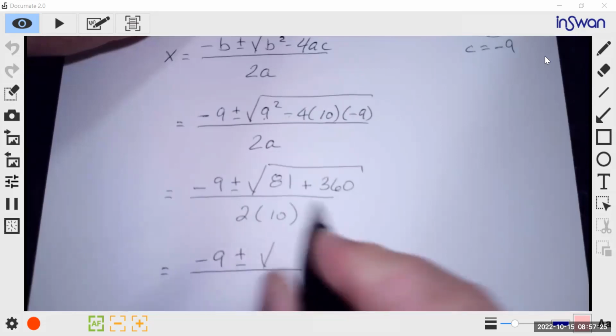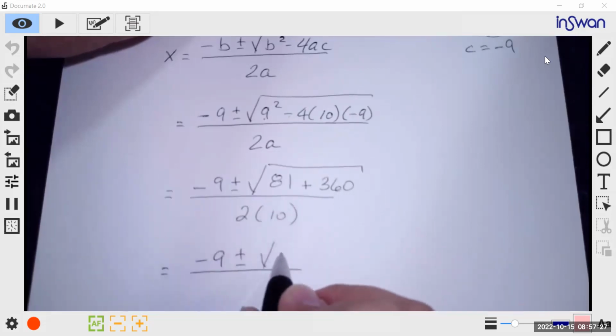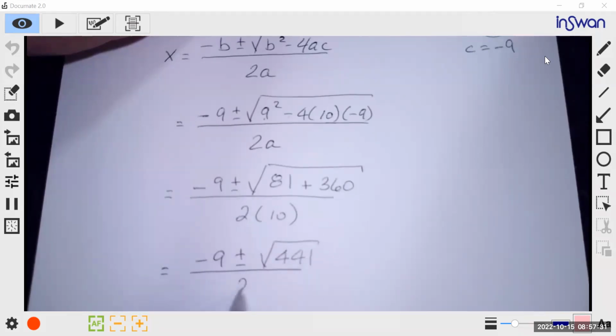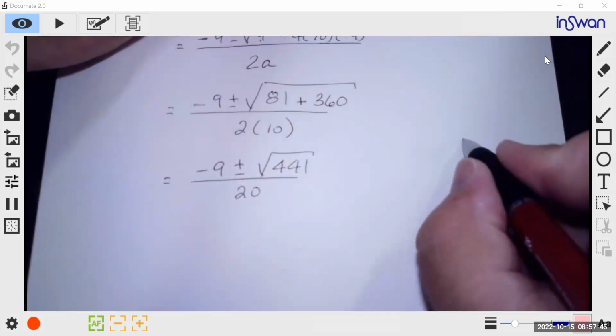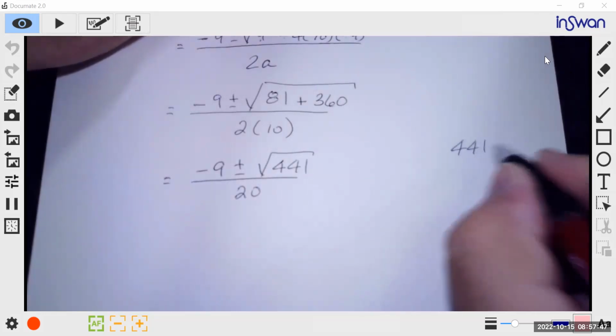Negative 9. 81 plus 360 is 441 over 20. And one trick we could look at: what makes up 441?